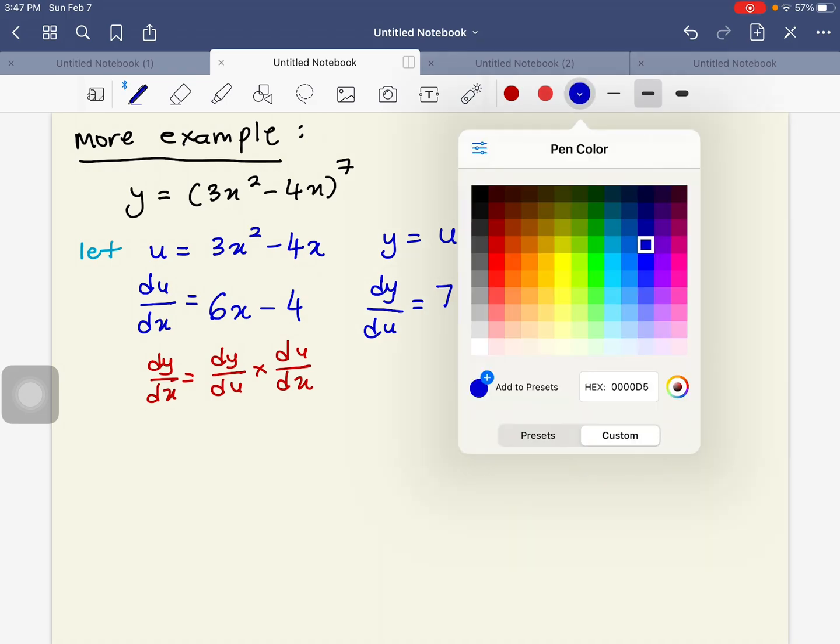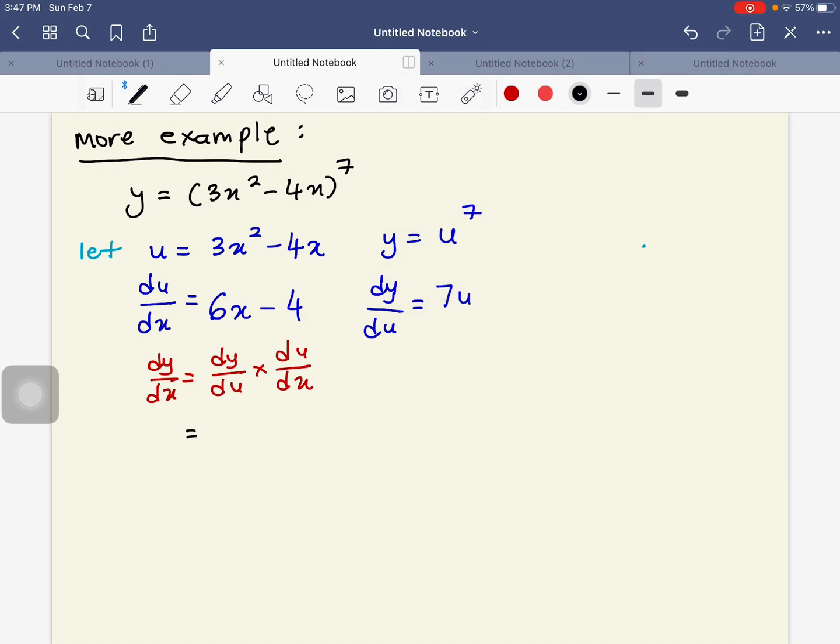So, next step is dy over du kita adalah 7u tadi darab dengan du over dx kita ni tadi adalah 6x tolak 4. Macam mana nak buat ni sedangkan u kita tadi adalah apa?